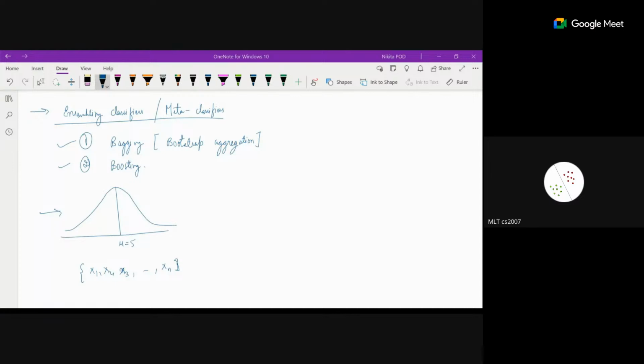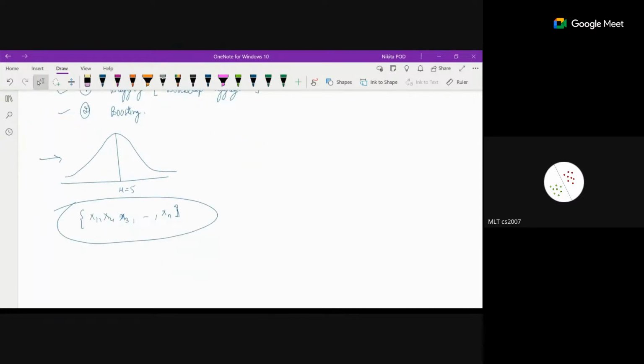Now we want to understand what the estimator of my mu is. This is the data set we observed, and let's say they're coming from a normal distribution with some mean mu and variance 1.